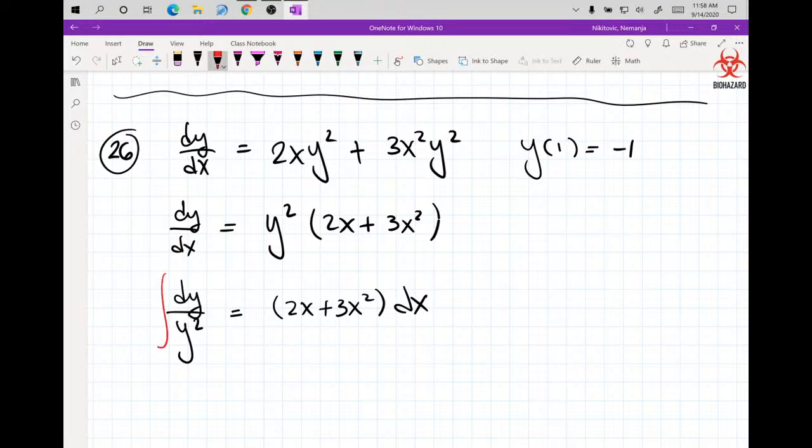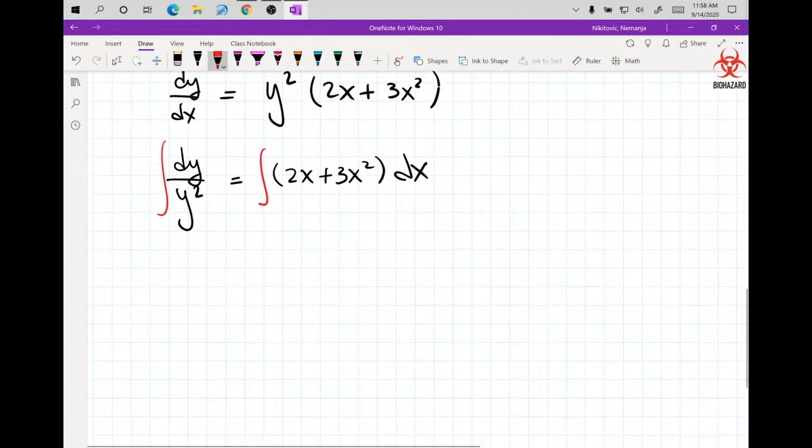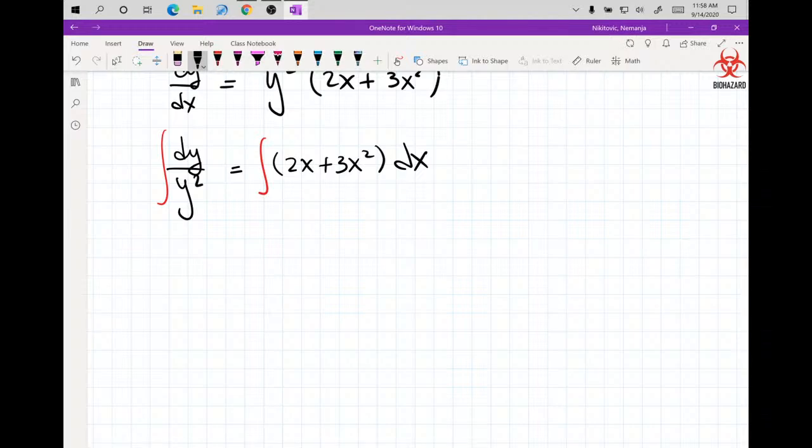And now you hit these two sides with the integral. Over here you have negative 2 plus 1, which is negative 1. So this works out to be negative 1 over y is equal to, and on this side you have x squared plus x cubed plus C. You can solve for C here, or you can solve everything for y and then work out C. It doesn't matter.